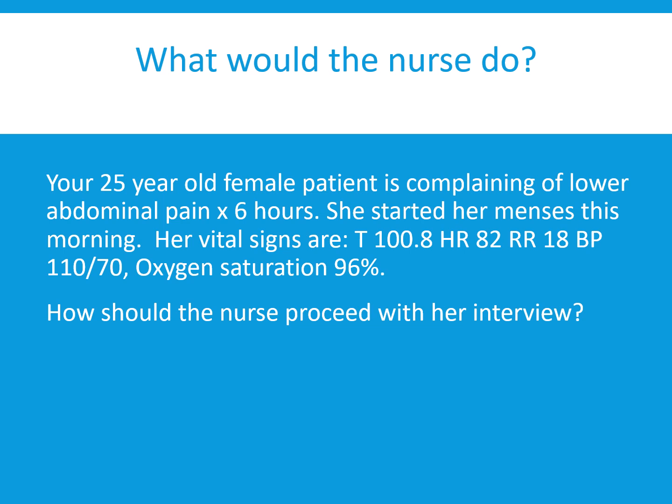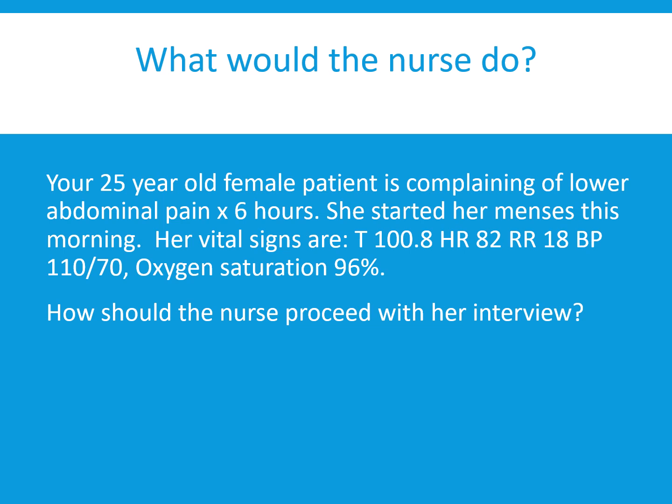So, how would you proceed with an interview? Consider which systems may be involved with this female patient. Is it musculoskeletal? Is it gynecological? Is it GI? Is it GU related?